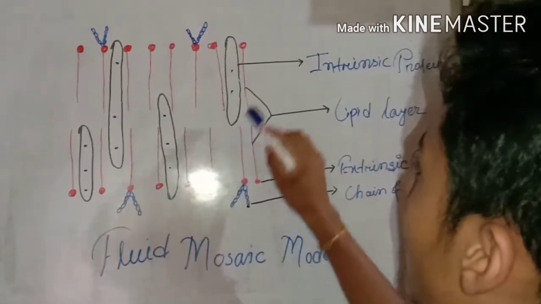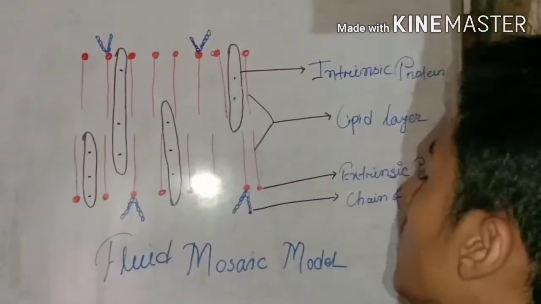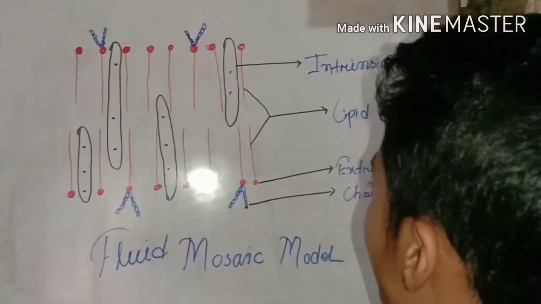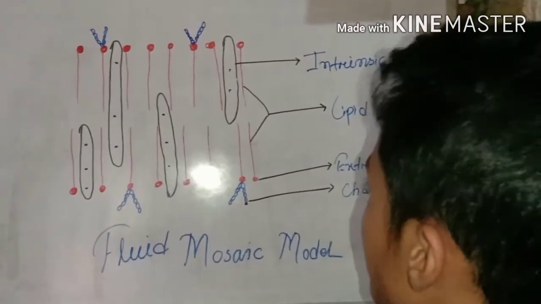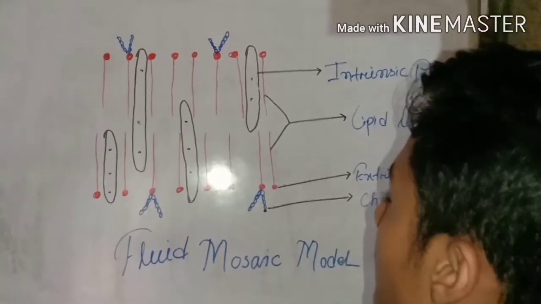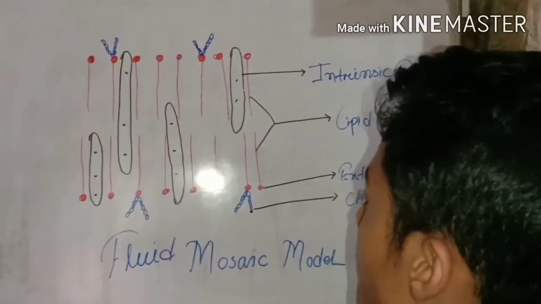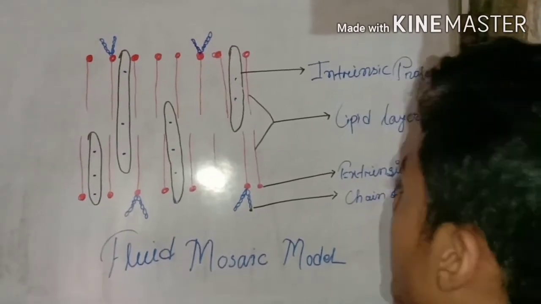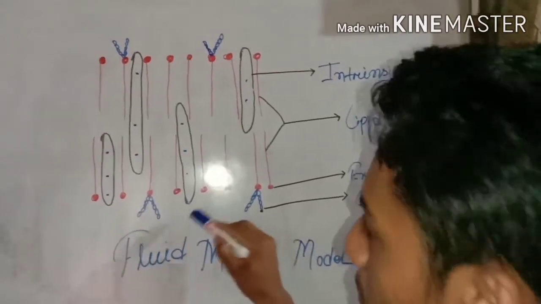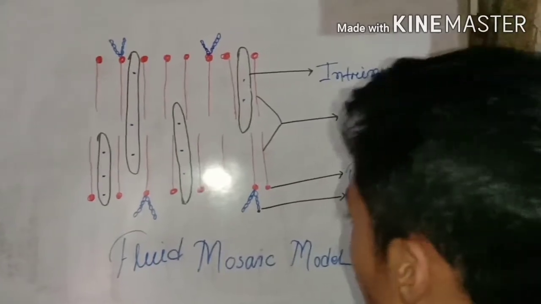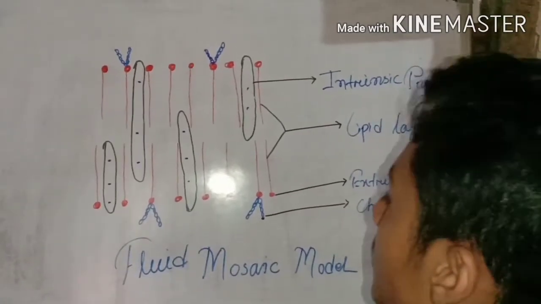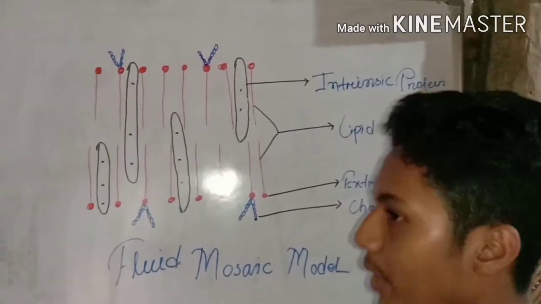The extrinsic proteins are present on the outer and the inner surface of the lipid bilayer, and these are glycoprotein in nature. The intrinsic proteins are large proteins embedded in the lipid sea or the lipid bilayer, and their nature is lipoprotein, and these exhibit the flip-flop movement. This is the fluid mosaic model.